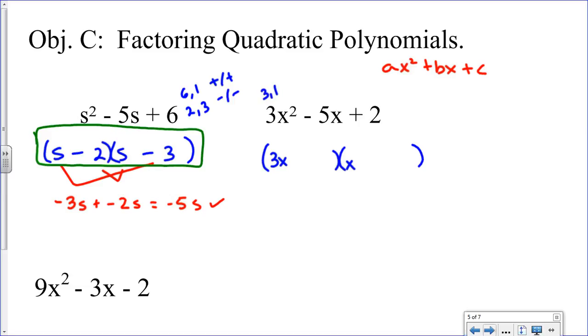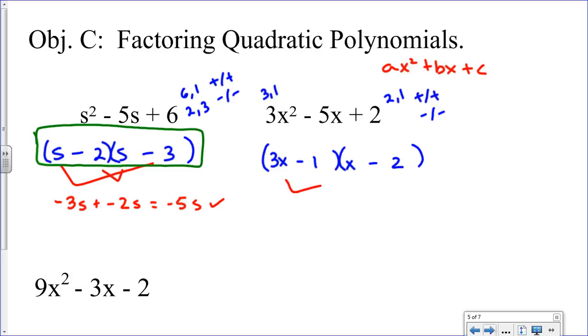Okay, factors of 2. 2 and 1, and it's positive, so again, it's either going to be positive, positive, or negative, negative. Well, I only have one option of numbers, 2 and 1. Now, I just have to make sure I have them in the right place. Do you think I'll use 2 positives or 2 negatives? Okay, so I'm going to do -1 and -2, and we'll check that.